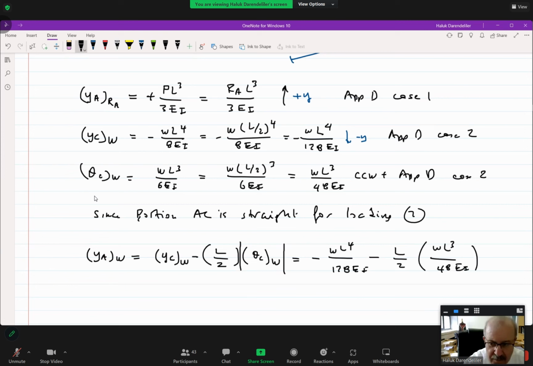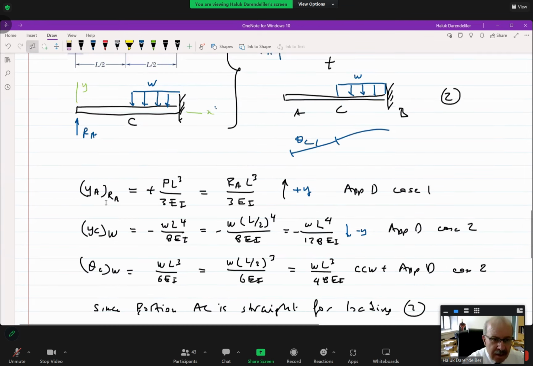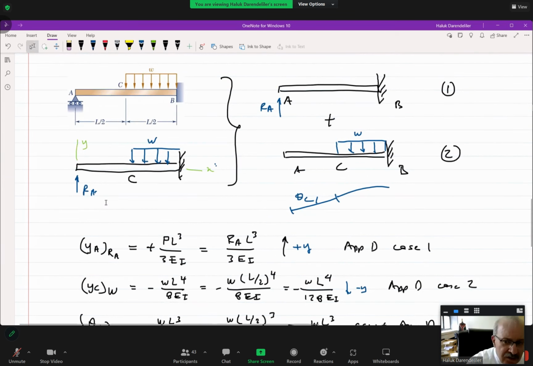Here look at the physics. Don't look at the sign of this relation. So therefore, we can find from the case 2 as minus 7 WL4 over 384 EI. Now, we found everything. Okay, could you tell me, what is the actual deflection at RA?